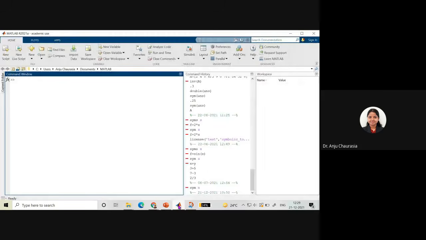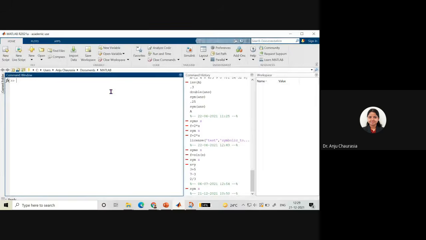It is very easy to write a matrix and find the determinant or inverse of any matrix. Within a second you are going to get it. I want to show you when one day we get time, and I will complete the matrix portion with MATLAB also.